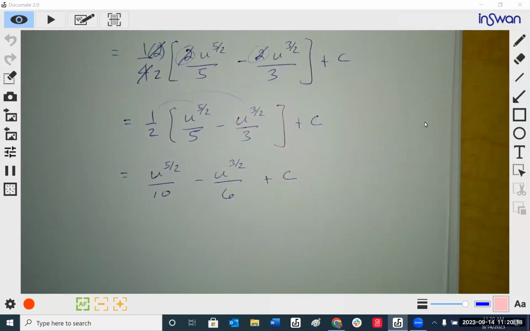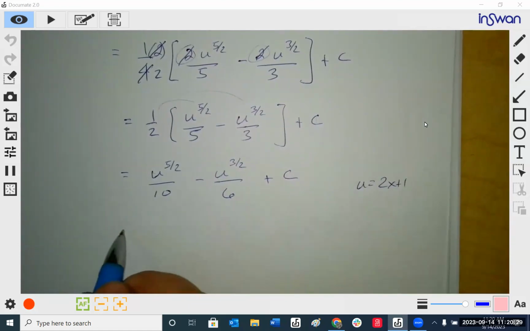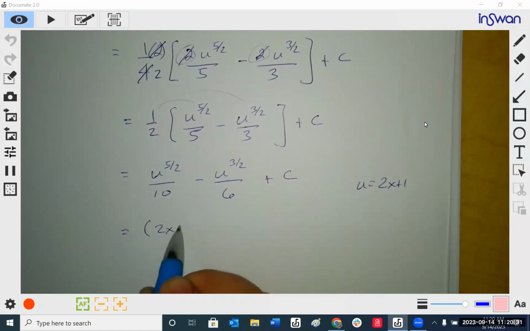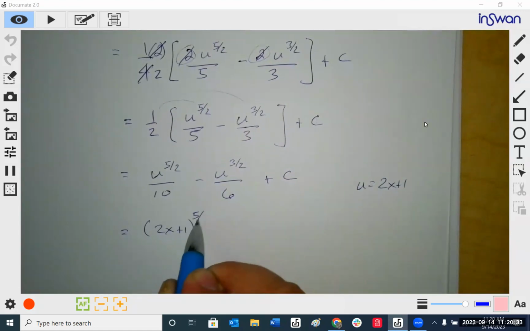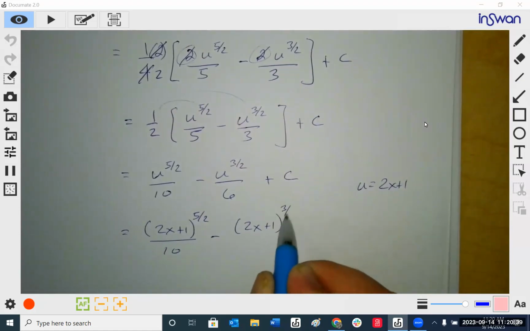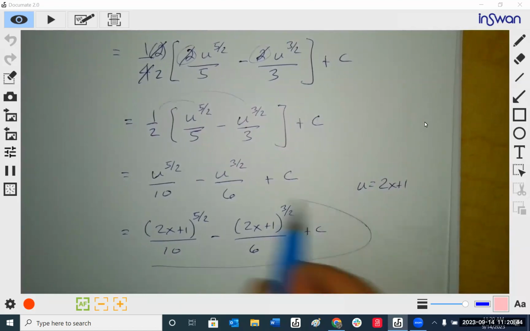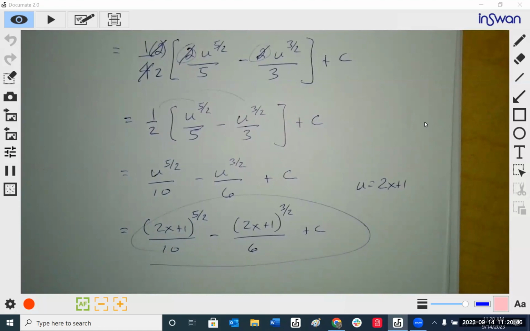Are we done? Why yet? Why not? We have to put it all back in there like it used to be. So what is u? 2x plus 1. So we have 2x plus 1 to the 5/2 power over 10 minus 2x plus 1 to the 3/2 power over 6 plus c. And that's our answer, or that's what we're going to stick with.